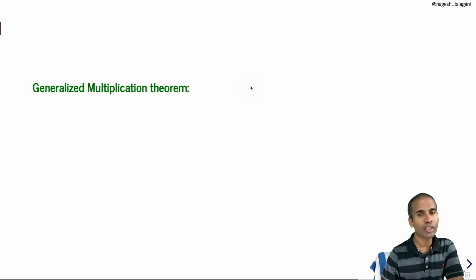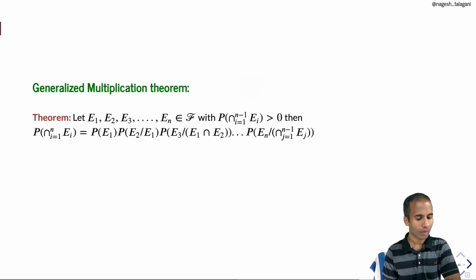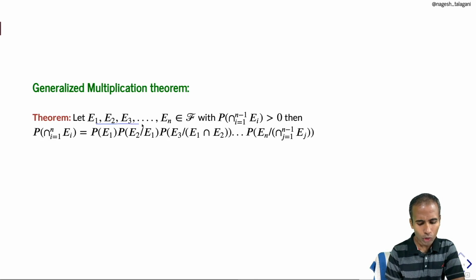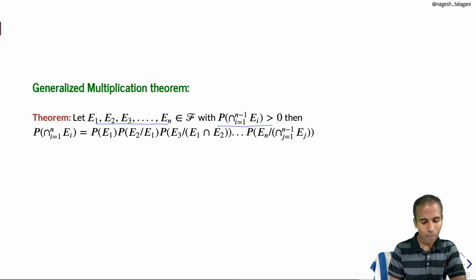Generalized multiplication theorem. Here is the statement. Let E1, E2, and so on up to En be n events in an event space with the probability of the intersection of Ei for i equal to 1 to n minus 1 being positive. Then the probability of the intersection of Ei for i equal to 1 to n equals the probability of E1 times the probability of E2 given that E1 happened, times the probability of E3 given that E1 and E2 happened, and so on, up to the probability of En given that E1, E2, and so on up to En minus 1 happened.